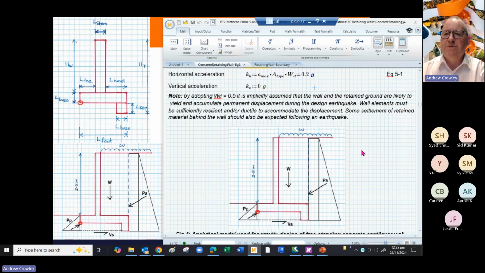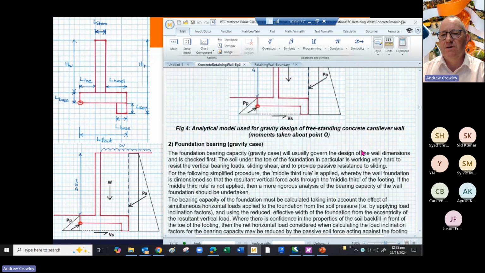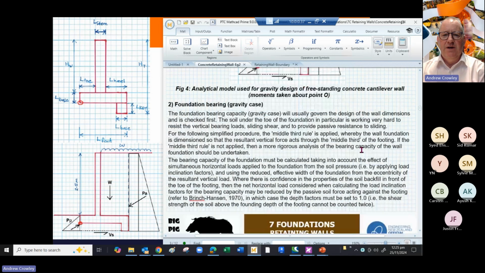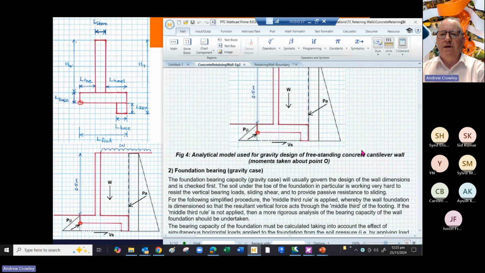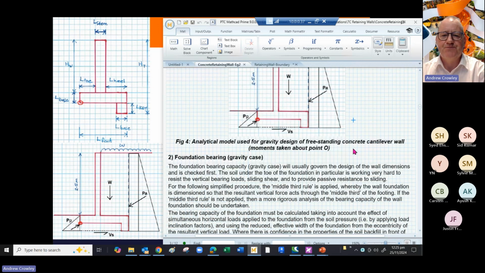The wall must be sufficiently robust or ductile to accommodate that movement, and some settlement is expected following the earthquake. So that's the model we're using to work out what the loading is on our cantilever retaining wall. And we'll keep this to the side, so it's a reminder of what's going on.